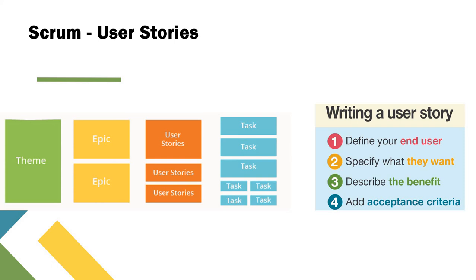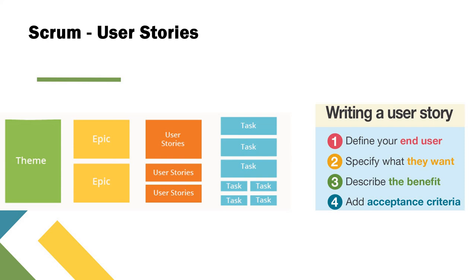However, it does not mean that the product owner alone writes the user stories. Anyone in the Scrum team can write user stories, and it is also possible to add non-functional requirements in the user stories.